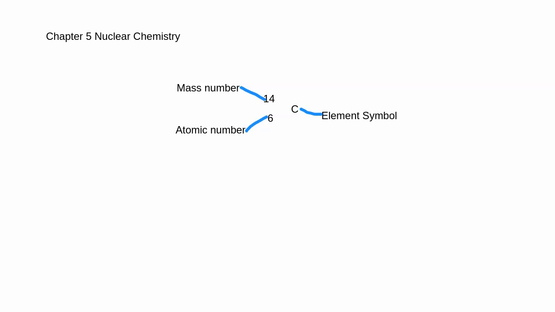Now, when we're talking about protecting ourselves from radiation, there are things that we can do. For example, alpha radiation we can be protected from by using a sheet of paper or our clothing. Alpha radiation is not very penetrating.